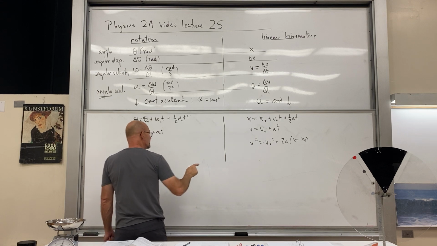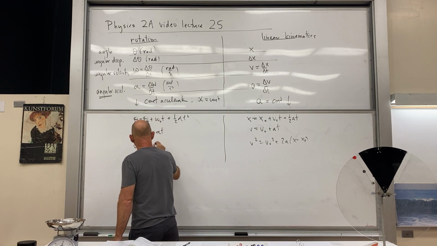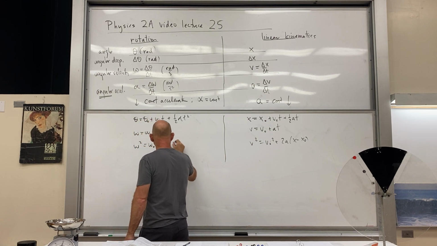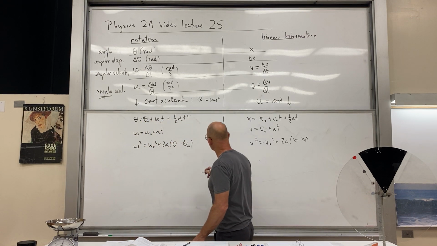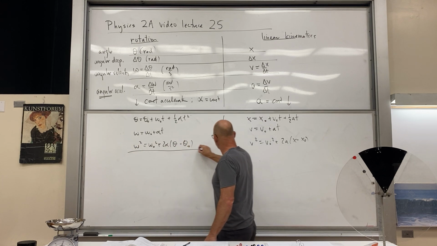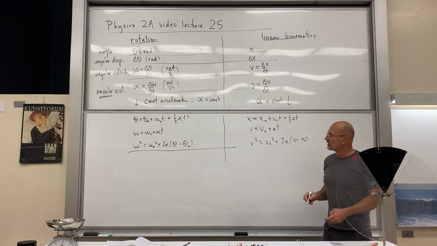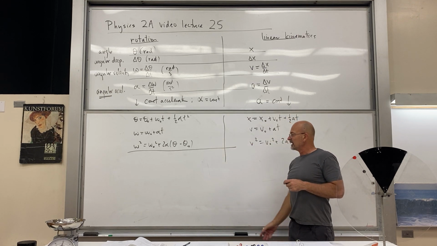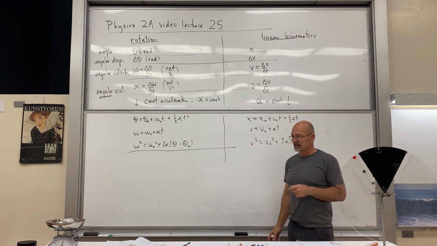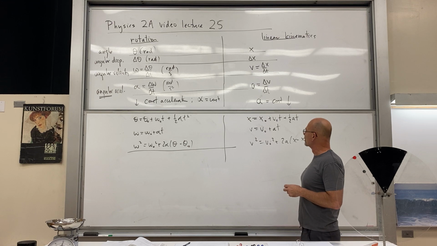And the one where you eliminate the time, omega squared equals omega 0 squared plus 2 alpha times theta minus theta 0. Good, so we have those. And what I had said at the end of the last hour was that we could extend this whole conceptual list into dynamics, okay, which is what we're going to do.